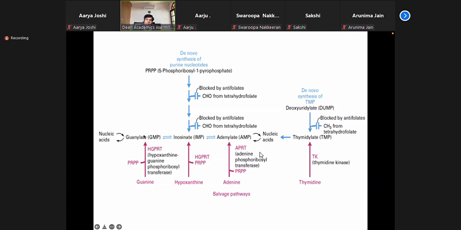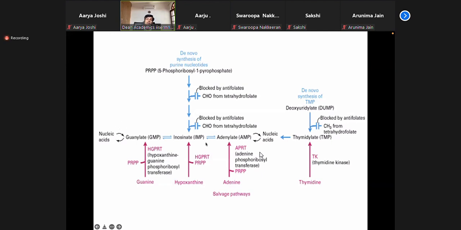And GMP is then converted into GTP, AMP is converted into ATP. And these are the nucleotides which are required for nucleic acid synthesis.